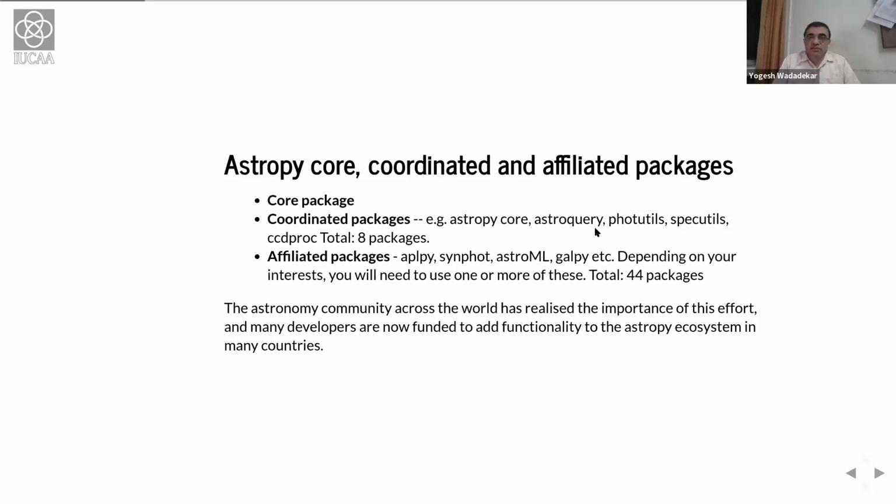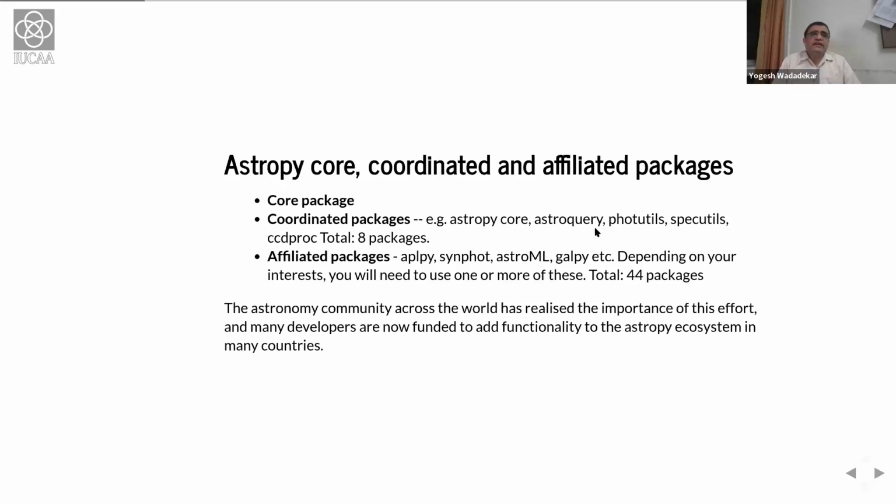AstroQuery is a module that we will look at in one of the future lectures, and it's a really powerful way of getting data from the internet from within your program, even running searches on the internet and downloading the search results automatically and so on. Given this powerful functionality, it was felt that it should be a coordinated package, and therefore it is there.